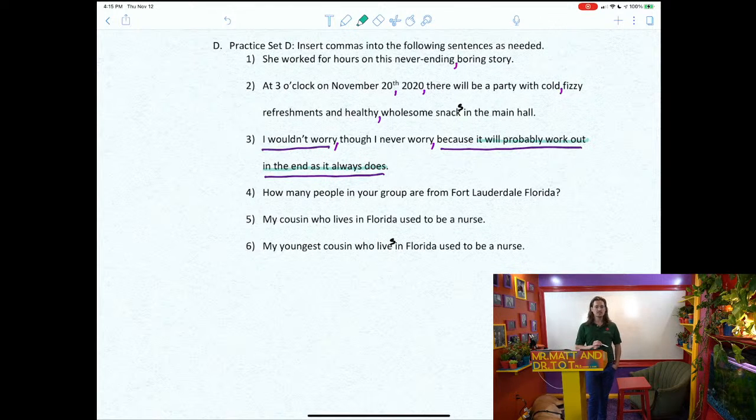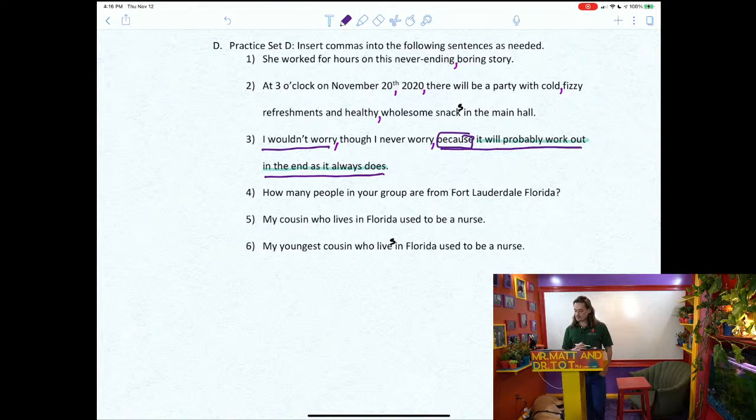As it always does is a dependent clause, but it's coming after an independent clause, so that's fine. This conjunction because allows us to conjoin the two independent clauses, I wouldn't worry, with it will probably work out in the end as it always does.